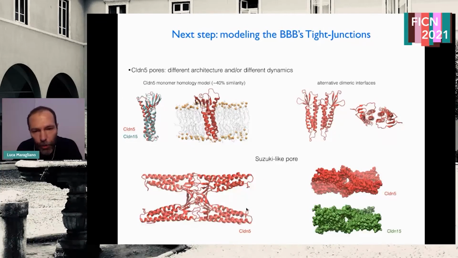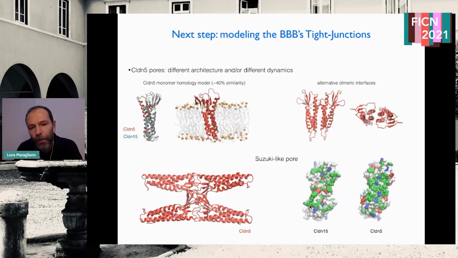And here I'm showing a Suzuki-like pore for claudin 5, and we started doing simulations on that. From the first configurations that we obtained, we don't see remarkably different pore opening with respect to claudin 15, but it's also important to consider that the residues that line the interior of the pore in claudin 5 are different from those lining the interior of claudin 15.